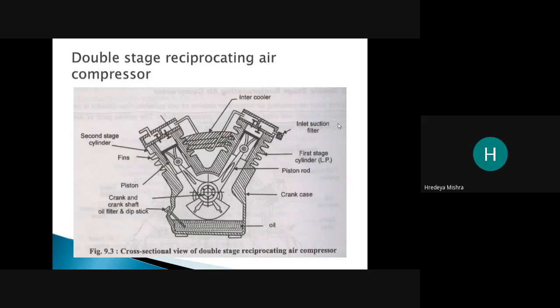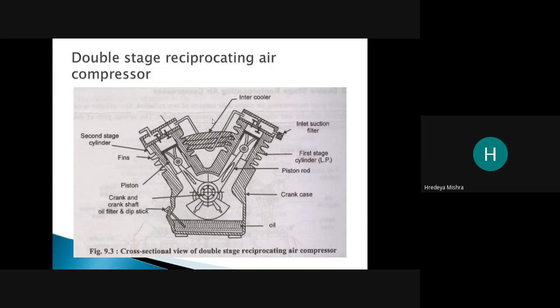Now, see here, this is the second stage, this is the first stage. So the first stage cylinder is the low pressure cylinder, and the second stage is the high pressure cylinder.